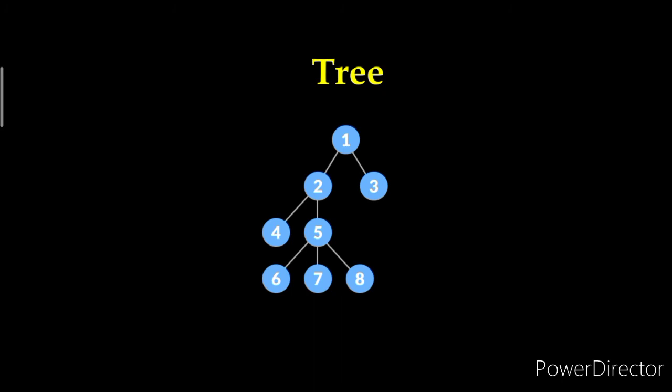So, the number of successors and predecessors is not exactly equal to 1 in non-linear data structures. By this also we can understand that the data elements in a tree are not linear. That is why these are called non-linear data structures.